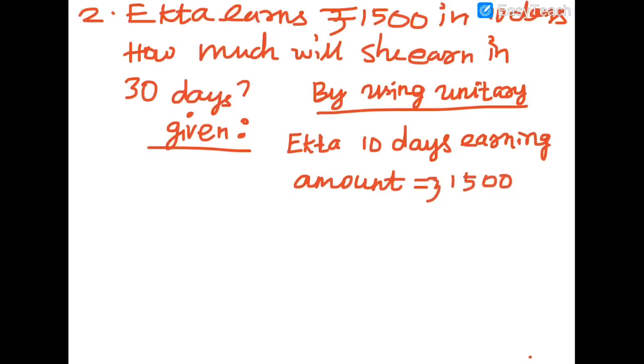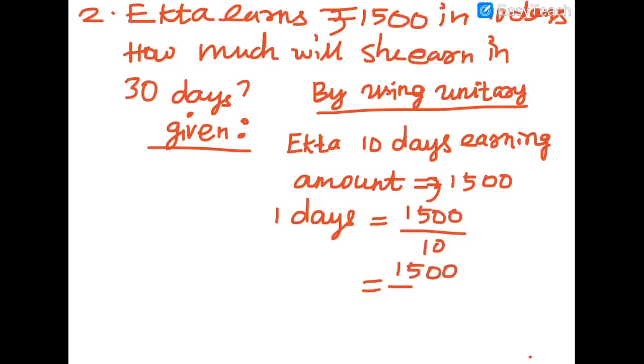So for 1 day, how much does Ekta earn? 1 day means 1,500 divided by 10. The 0 cancels, so 150 rupees. So in 1 day she earned 150 rupees.